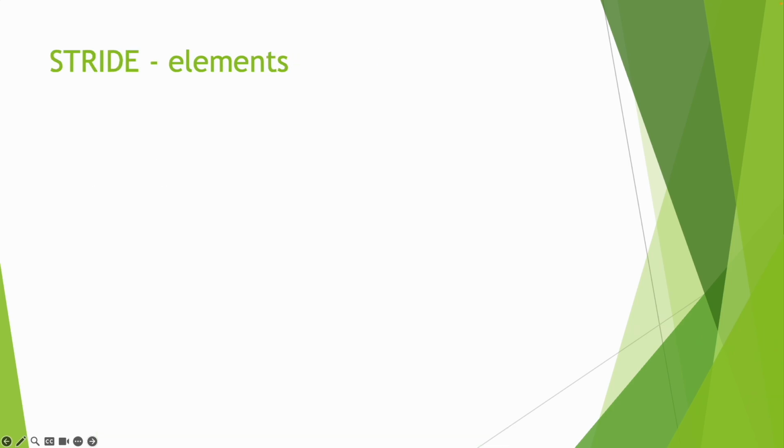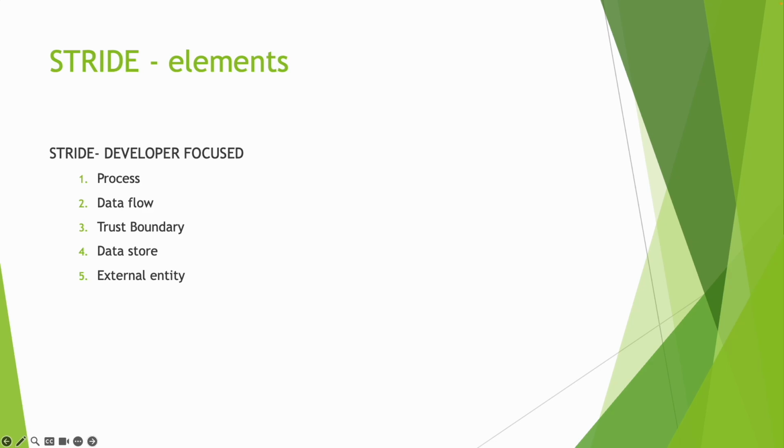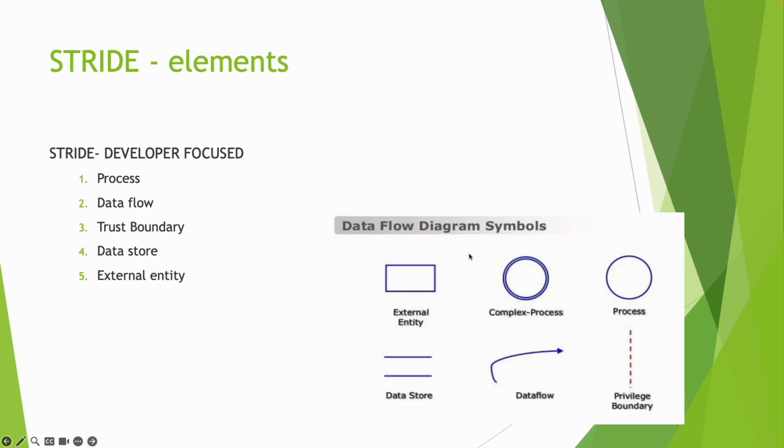In terms of STRIDE, the elements basically are a process, a data flow, trust boundaries, data store, and external entities. How are those defined in a diagram? The rectangular box is known as an external entity. The double circle is a complex process.